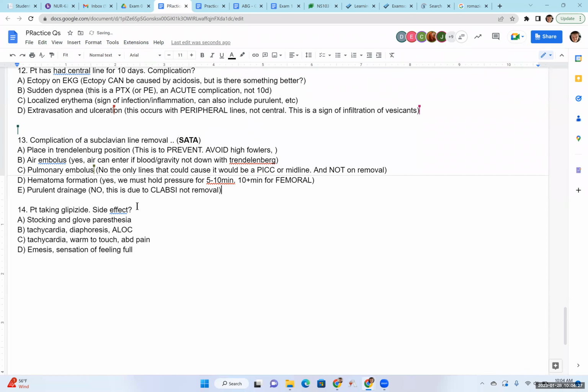All right, last one. Patient taking glipizide, what's the side effect? What is glipizide? Sulfonylurea, and sulfonylureas are for diabetics, right? It doesn't really affect GI motility. You might think of GLP-1.